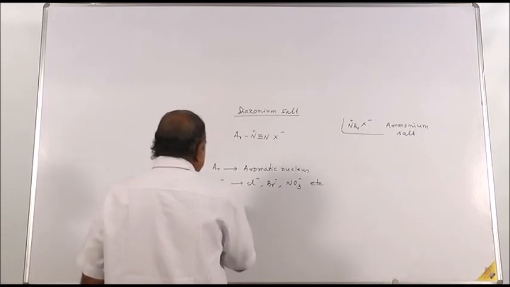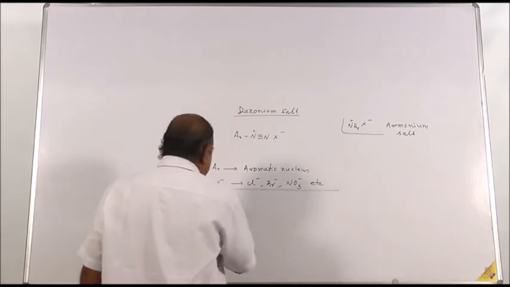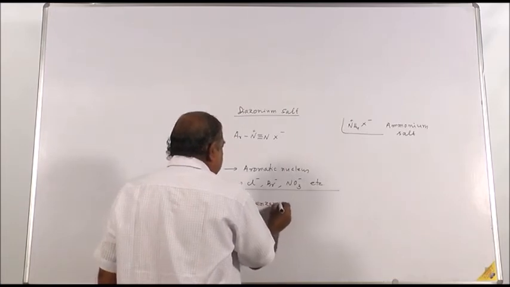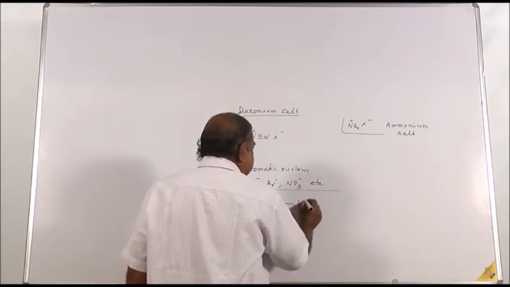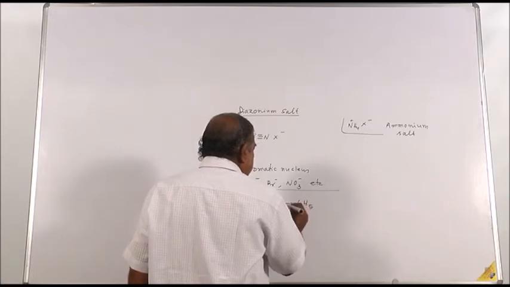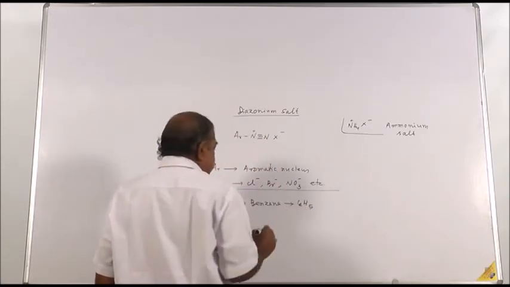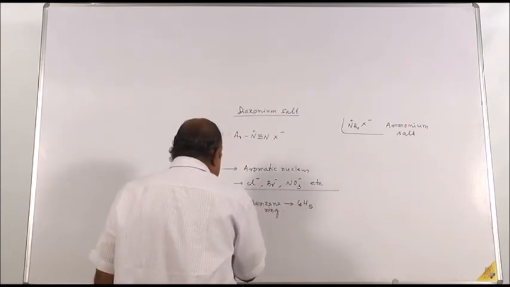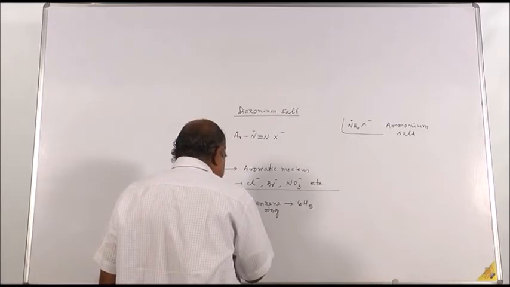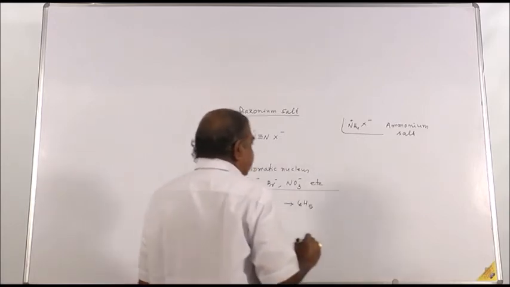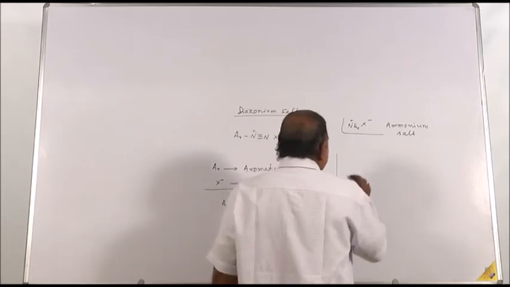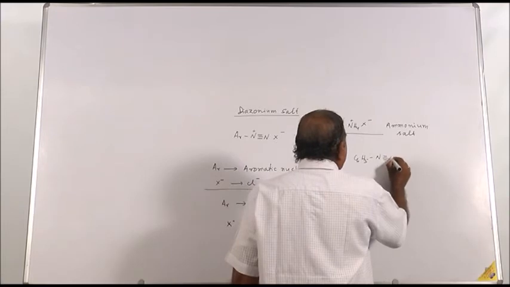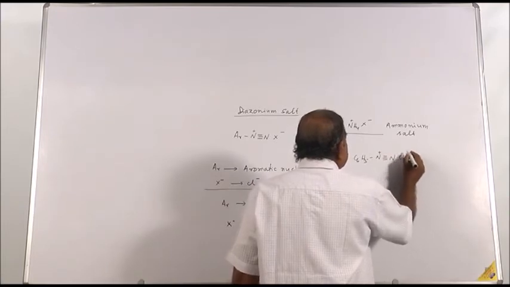A negative ion. When Ar is benzene, that is C6H5, because one hydrogen atom is replaced by the nitrogen group, and X minus is Cl minus, we get the compound having formula C6H5 N2 plus Cl minus.